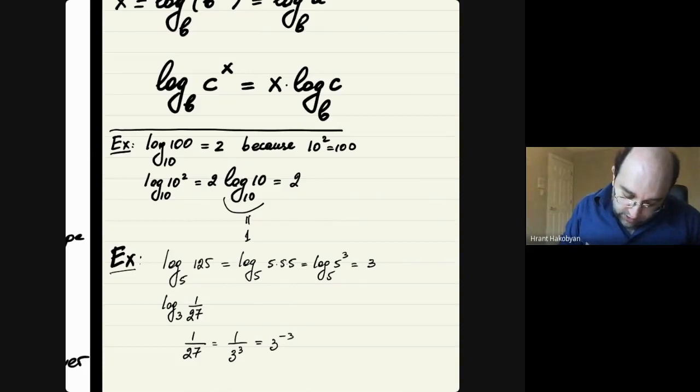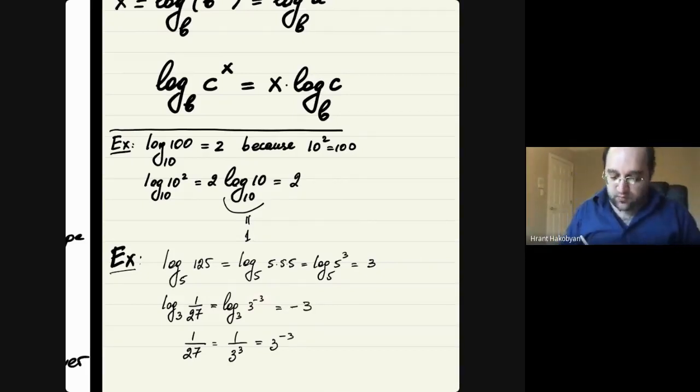If I write this upstairs, I'll have the logarithm base 3 of 3 to power negative 3. So the answer is the power I have here, so it's just negative 3.